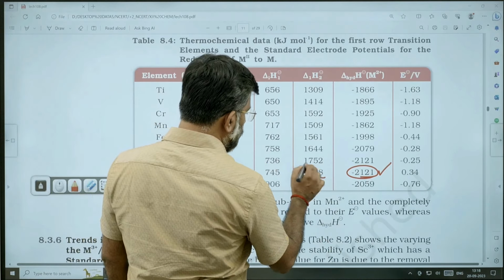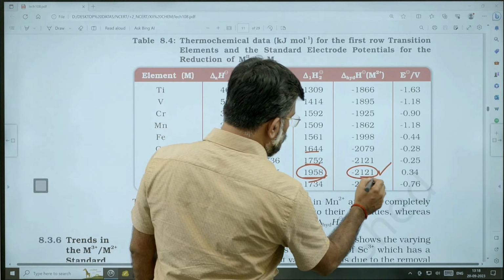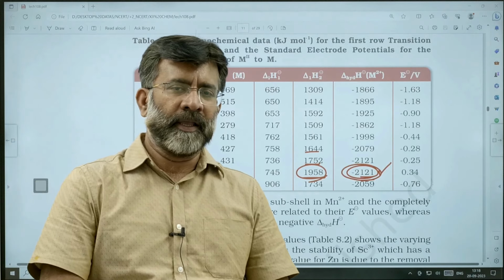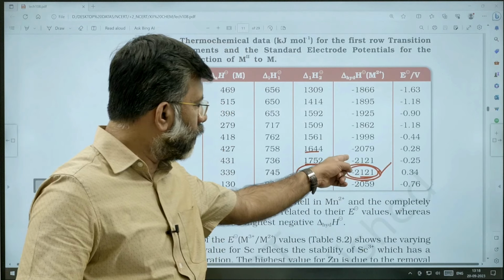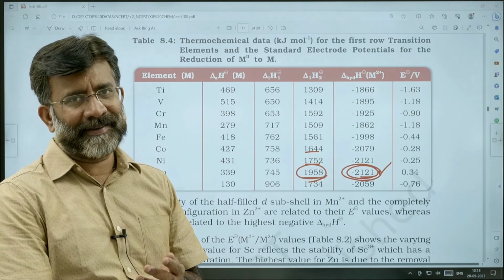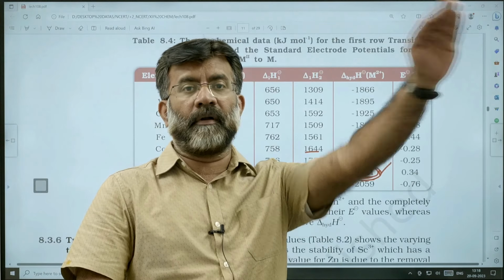This is high. Look at this value and look at this value. This is very high. Suppose this is compensated over here. Instead of minus 2121, if it was minus 2600, just imagine, that value also would have been negative. Hope you understand, because a highly exothermic value favors the overall reaction.